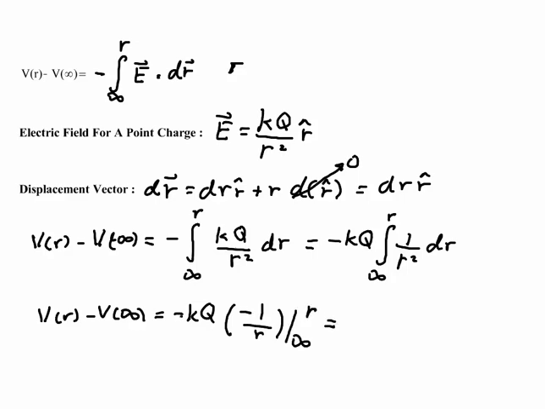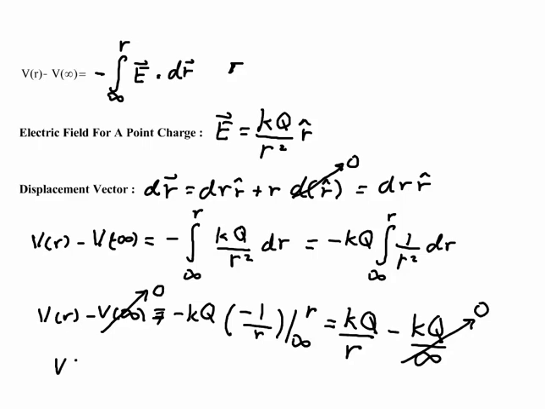The minus and the minus will cancel, so I get kq over r when I put in the first limit, minus kq over infinity, which is simply 0. If I now make my zero potential reference point be at infinity, if I make this be 0, then I have that V of r is kq over r. And that's why it's chosen the way it is in the book.